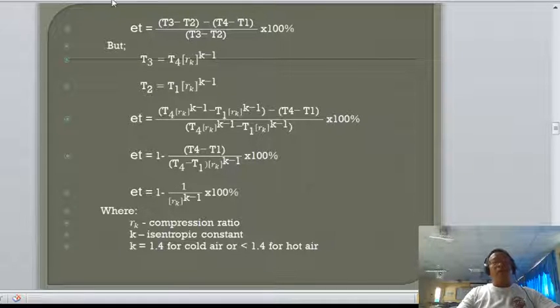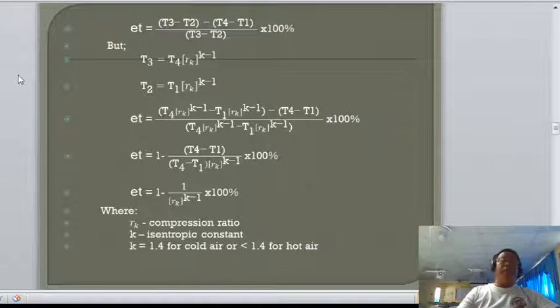Considering that T sub 3 is equal to T sub 4 r_k raised to K minus 1, and T sub 2 is also equal to T sub 1 r_k raised to K minus 1.